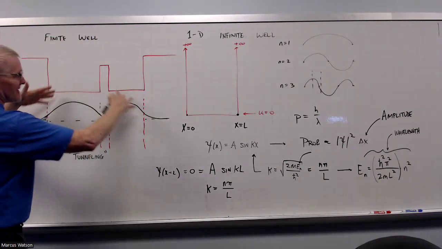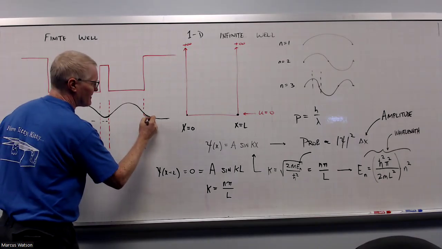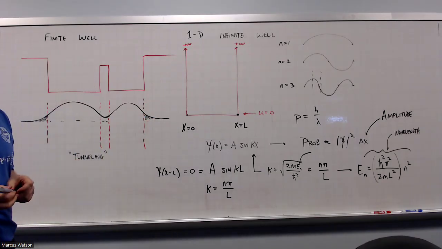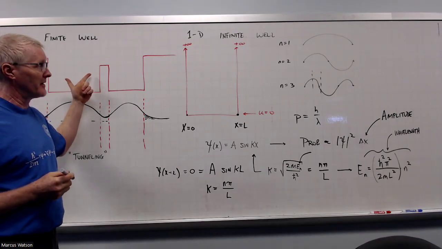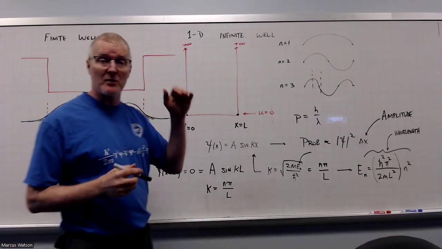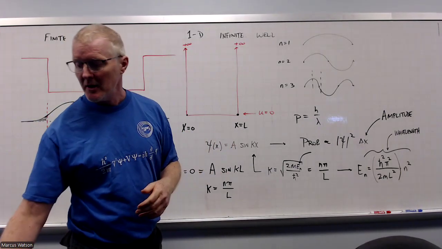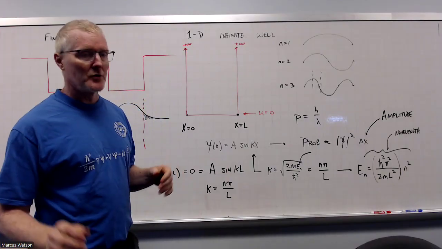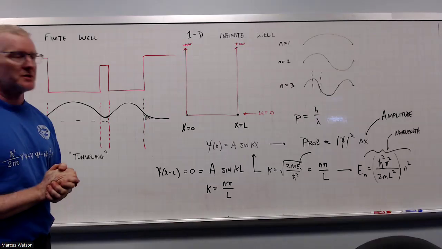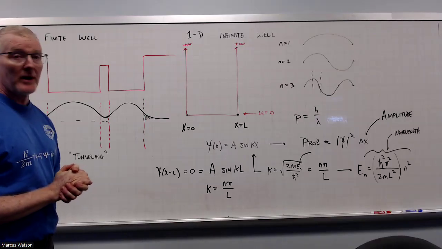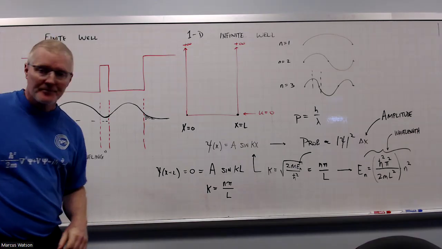Or does it have these tails on it? Then it's a finite well, where the restriction of forcing the wave function to zero at the edges is not happening. Those are the basic three things I want you to be able to look at when you see a wave function and be able to analyze.